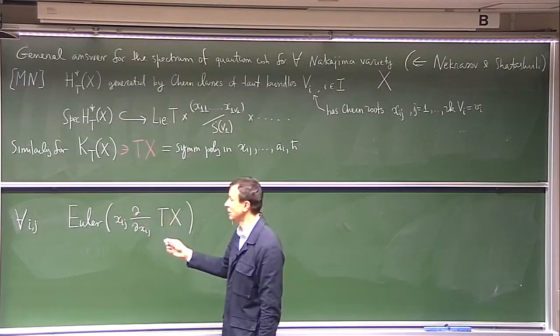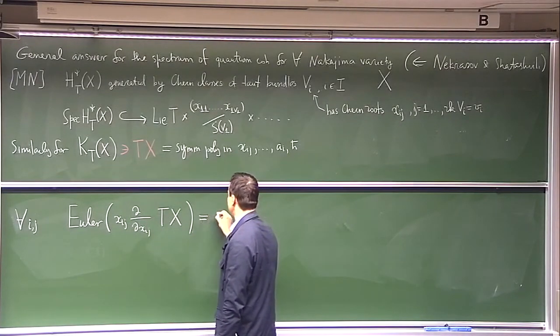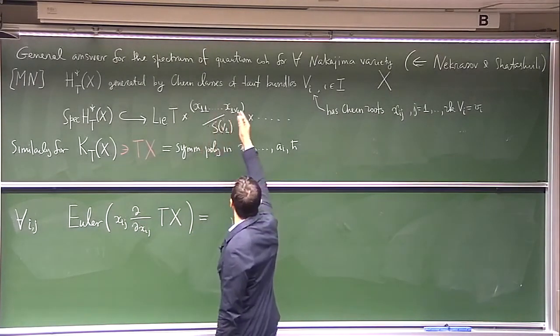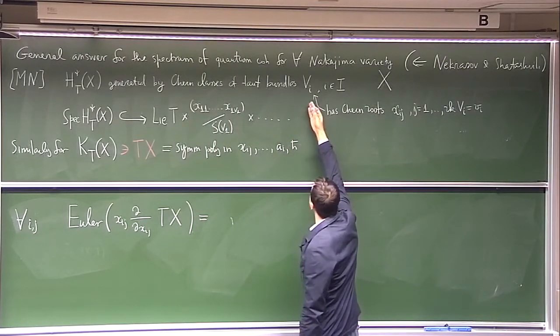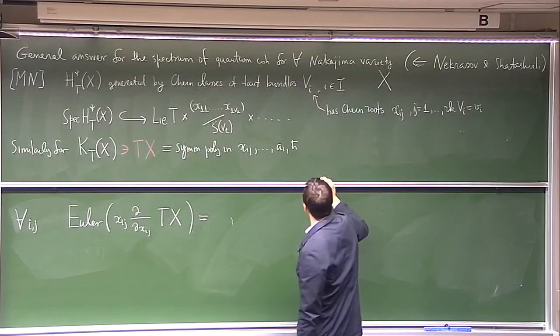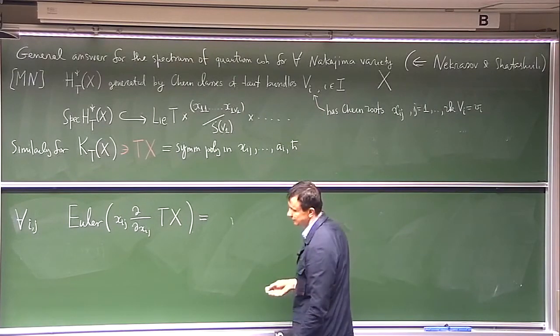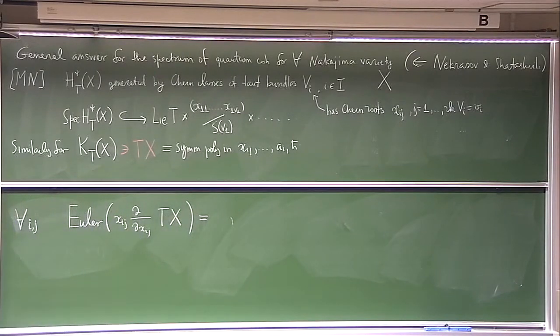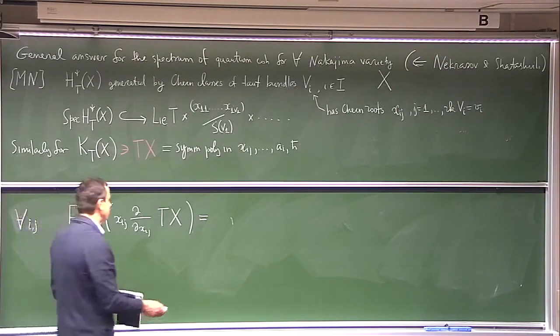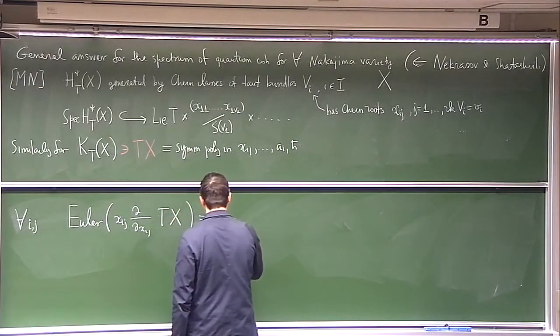You take its Euler class, and this is equal to the corresponding variable. So for every one of the vertices there's an index i, and indices i correspond to degree counting variables, as many as you have vertices in the Dynkin diagram. And so then you put the corresponding variables at i here.